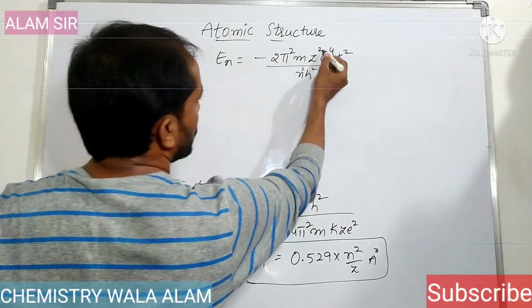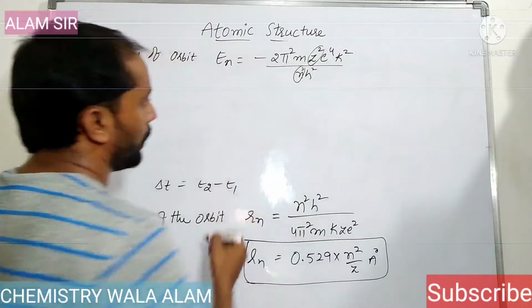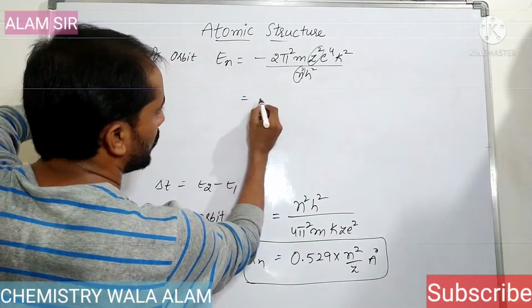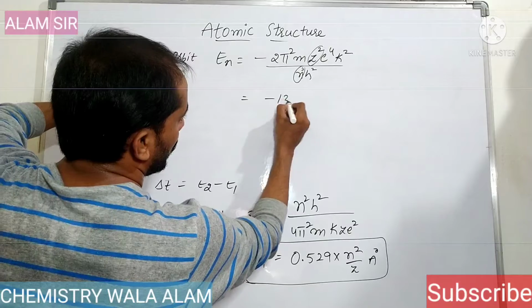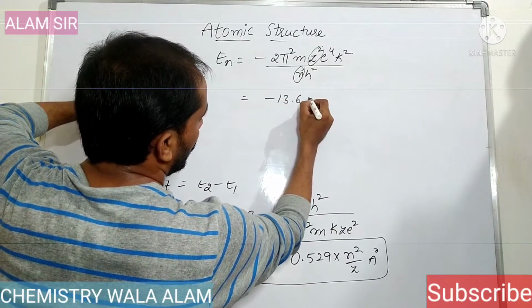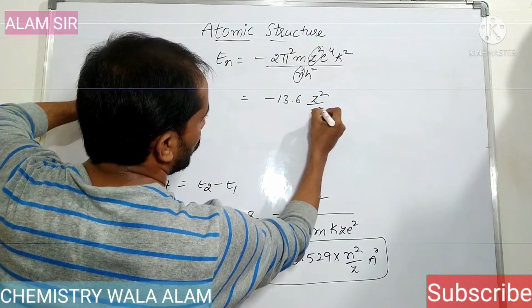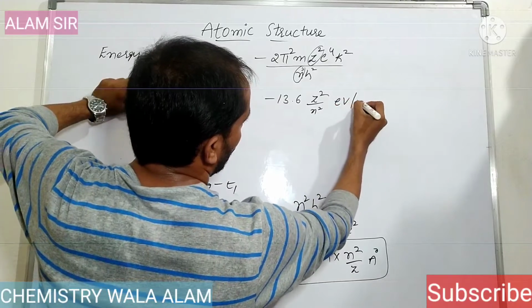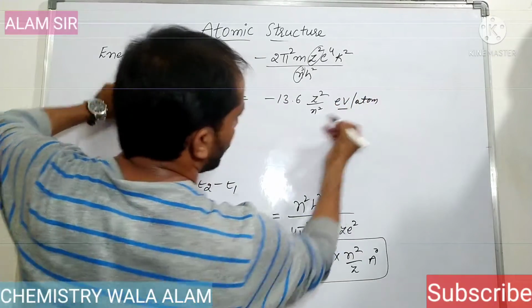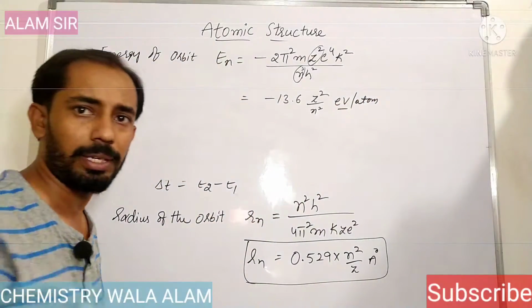Except z square and n square, all remaining values are constant. By substituting these values you get minus 13.6 z square by n square electron volt per atom. In electron volts, you get minus 13.6.